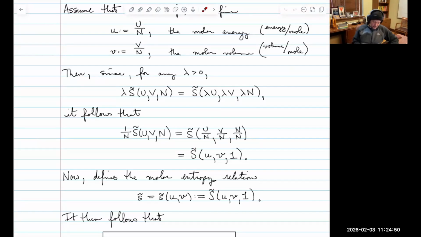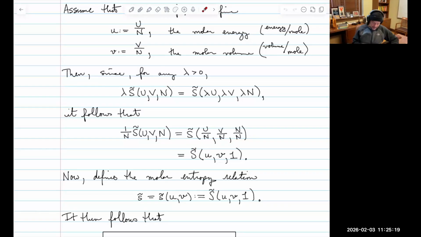Now we can use a particular value of lambda, and the value that I want to use is exactly equal to 1 over N. Using my homogeneity relation, 1 over N times the entropy is equal to the entropy of each variable divided by the total number of moles, which is fixed.